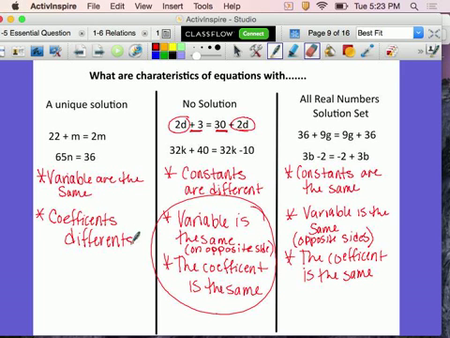Everything else doesn't matter because it's key that the coefficients are different so they don't cancel out. That's how you end up with a unique solution. Of course, these things don't always start that way. You might have to use properties to rearrange and simplify before you notice one of these three things. So I want you to be able to notice this right away and not have to show every single step down to that true statement.